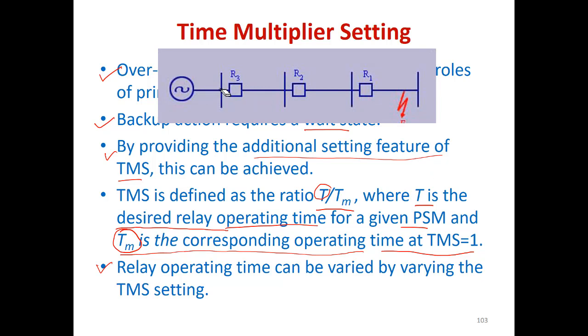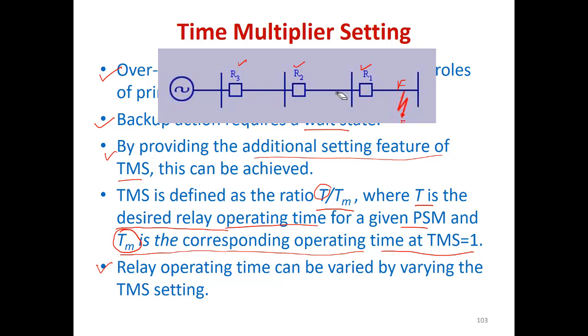This is a radial distribution feeder, and it has three relays, R1, R2, then R3, right? If the fault is happening at this location, let us say location F, then R1 will act as the primary relay for this fault, and R2 and R3 will act as the backup relays.